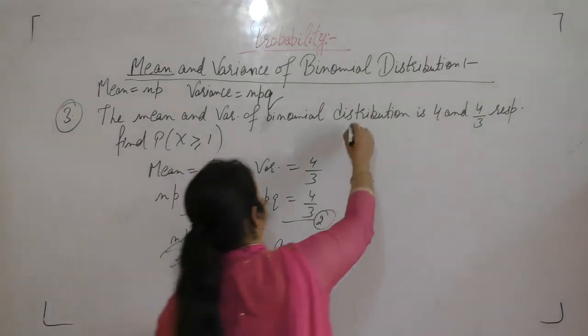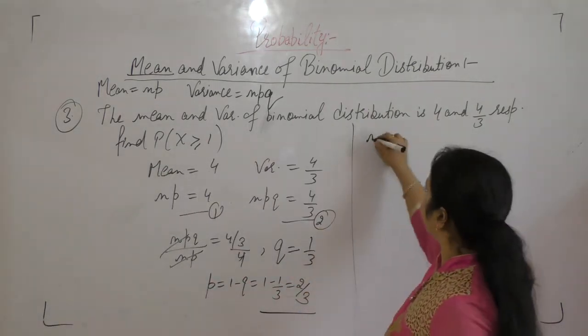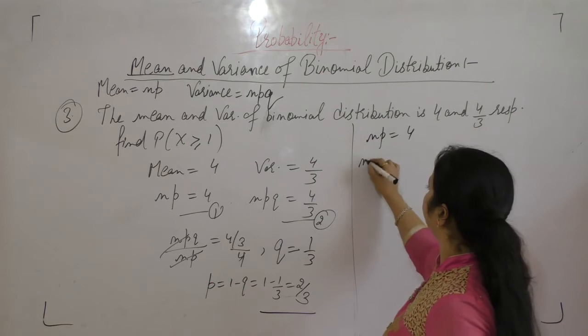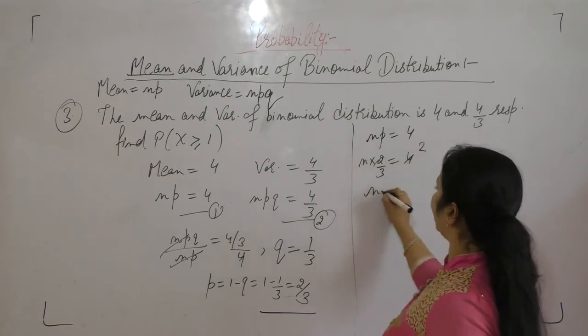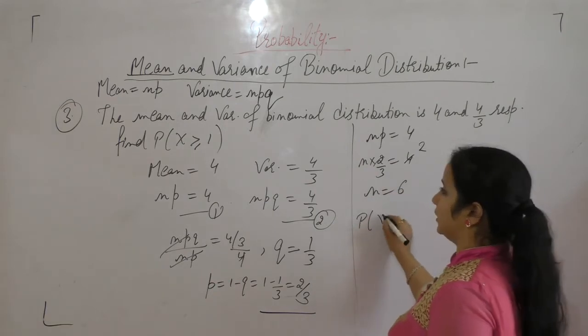Now probability x greater than or equal to 1. First we have to find the value of n. np is 4, p is 2/3, so n is 6.